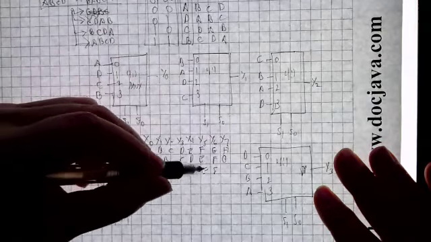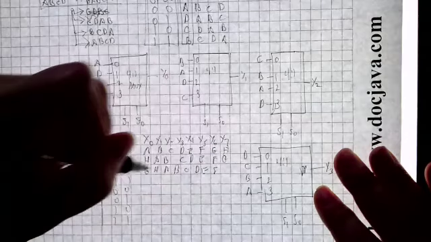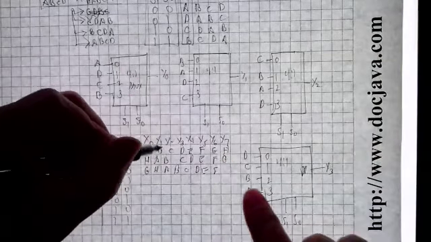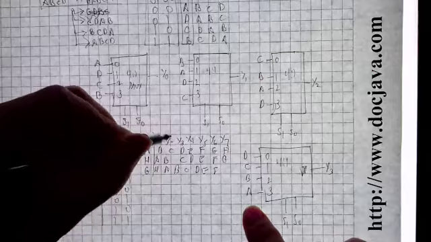A, B, C, D, E, F. Oh, the G is over here. See, I should have tried to line it up, but I didn't line it up nicely.